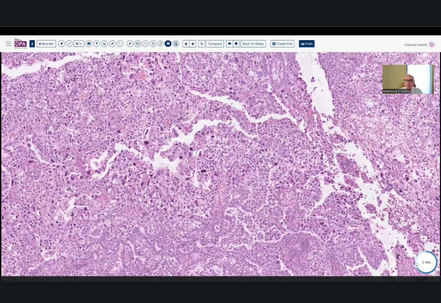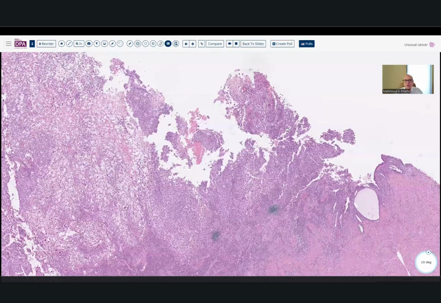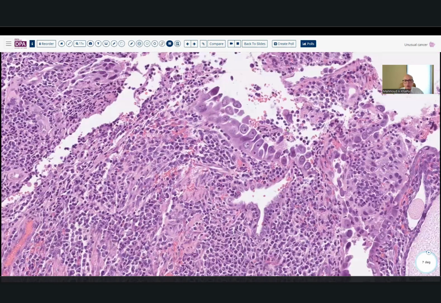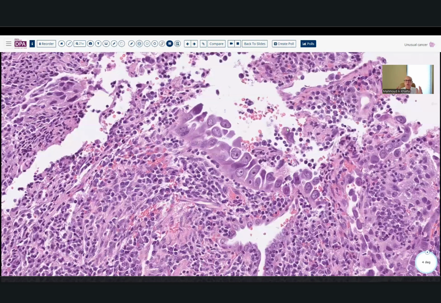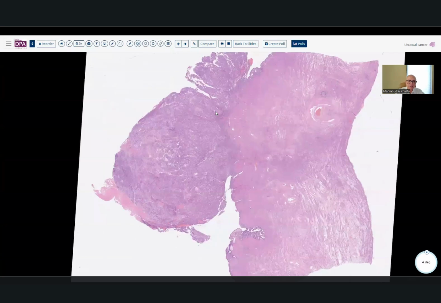So look at some of the cells, they have clear cytoplasm, but some of the nuclei have very prominent nucleoli. I want you to see how this is how you want your serous carcinoma to look like. Very prominent red nucleolus. It's almost like an inclusion, a nuclear inclusion. Look again at this section.